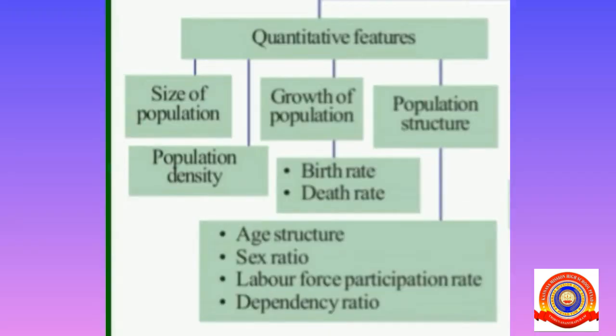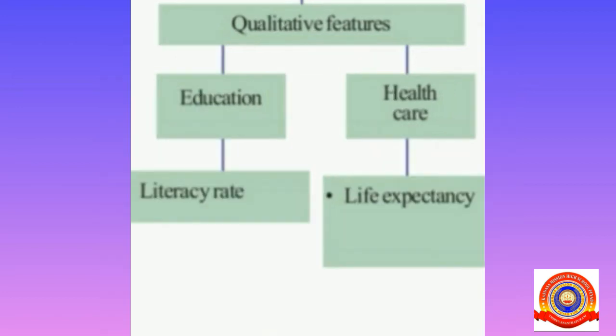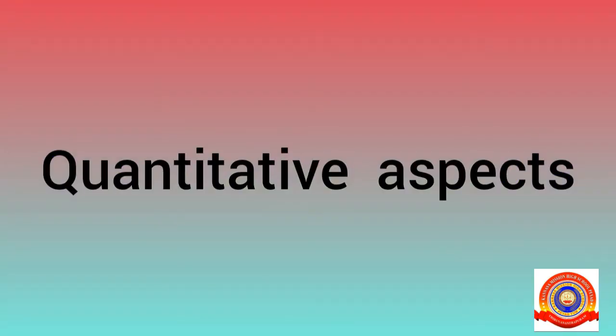Quantitative features include aspects like size of population, population density, growth of population, and population structure. In qualitative features of human resource, there are two factors: education and healthcare. Let us analyze the quantitative aspects.